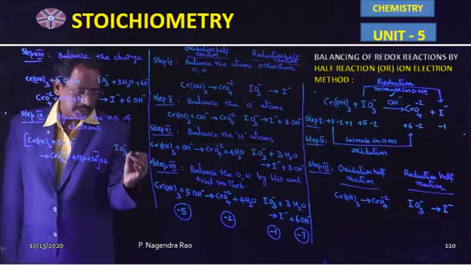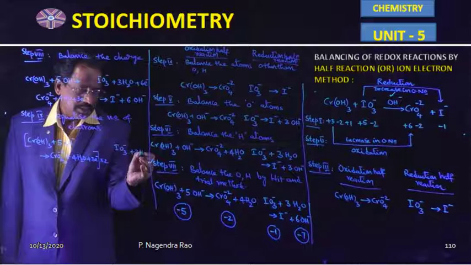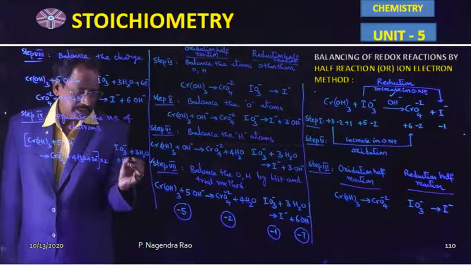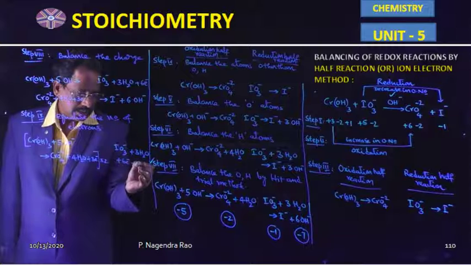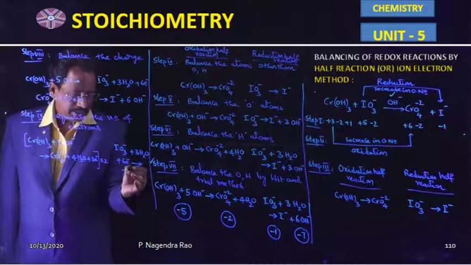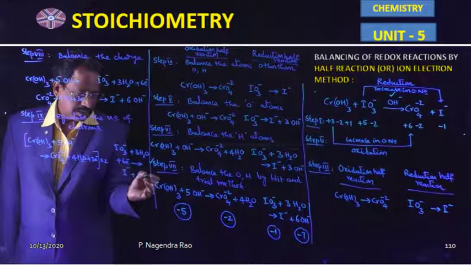IO3 minus plus 3H2O plus 6 electrons gives rise to I minus plus 6 OH minus.